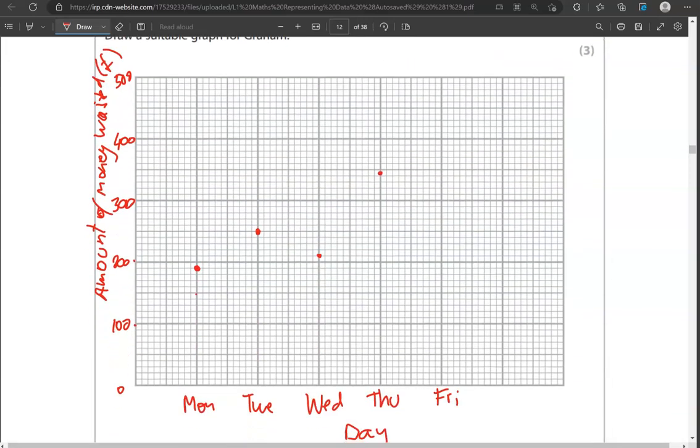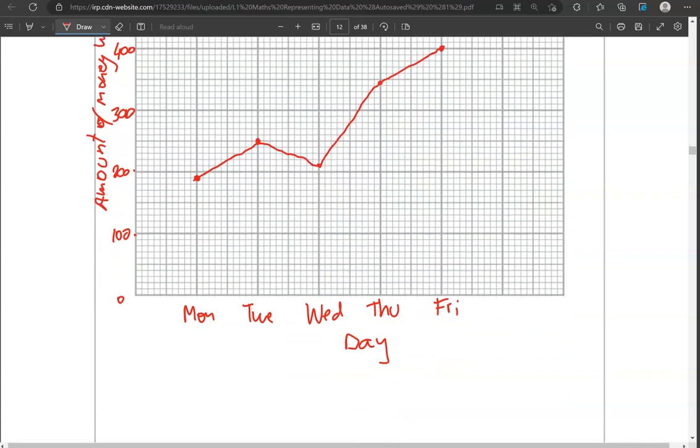Friday, 400. We'll connect the dots. And there we have the line graph.